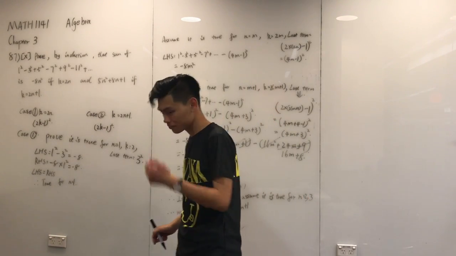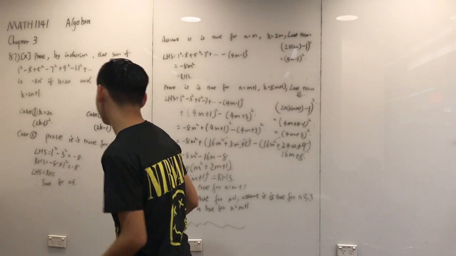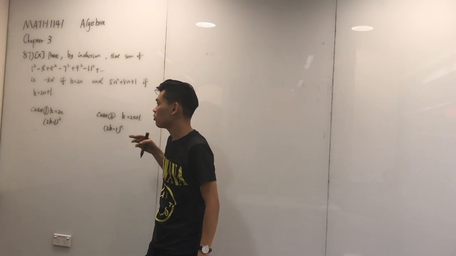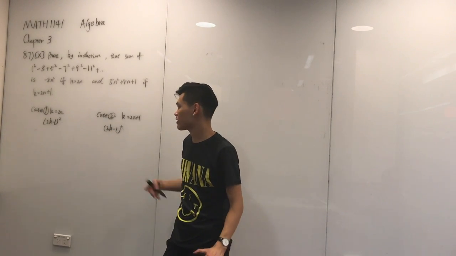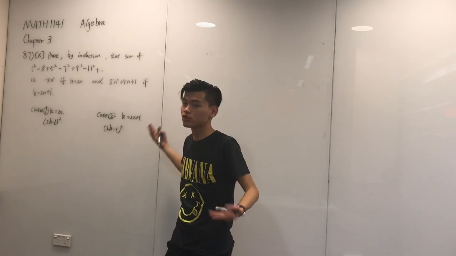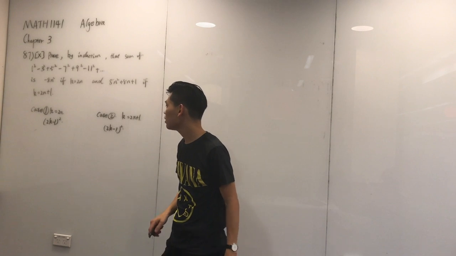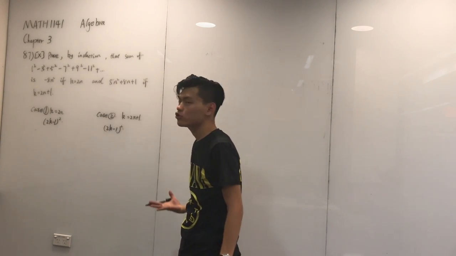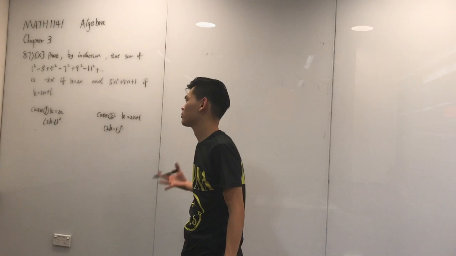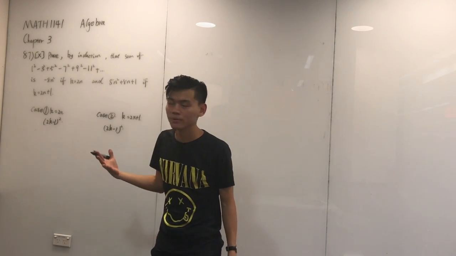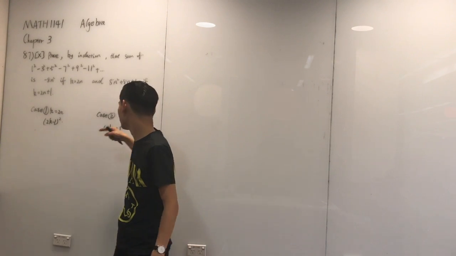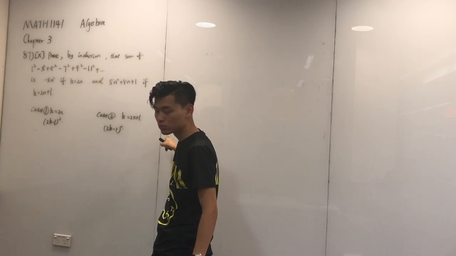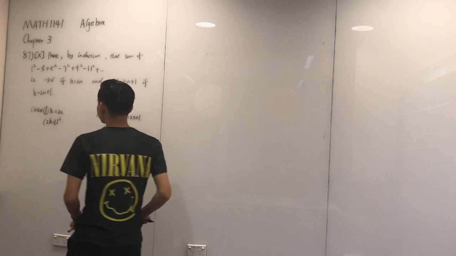Alright, so we successfully proved case 1. Now obviously the next thing to do is prove case 2. The way to prove case 2 is exactly the same as we did for case 1. Instead of using k equals 2m, we use k equals 2m plus 1. Right?